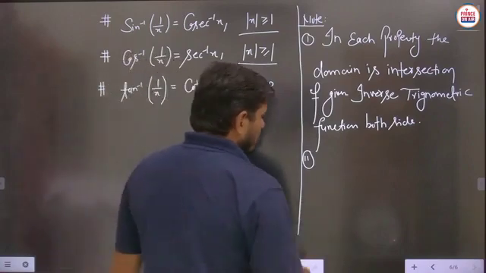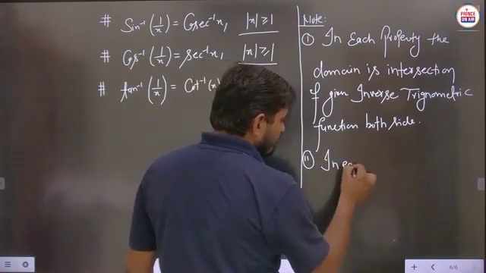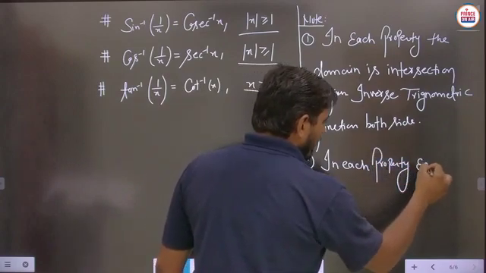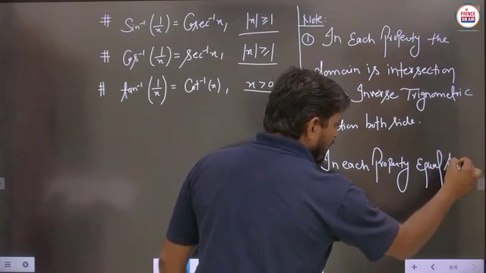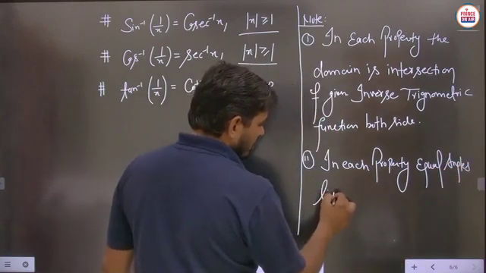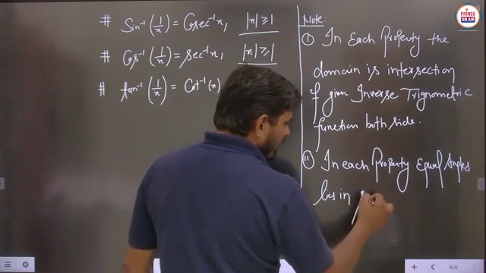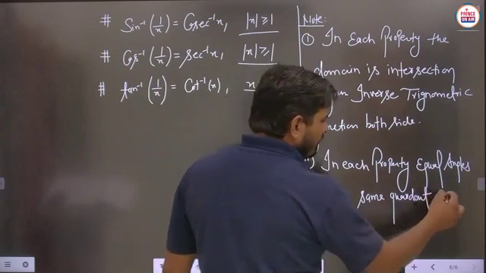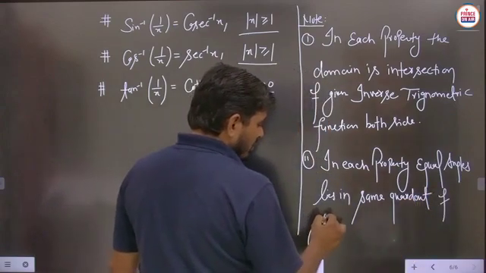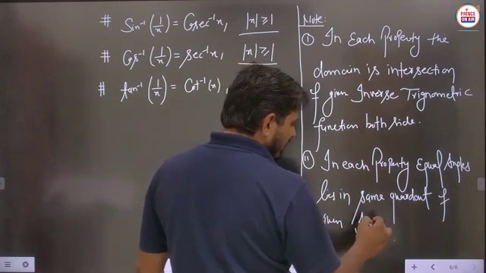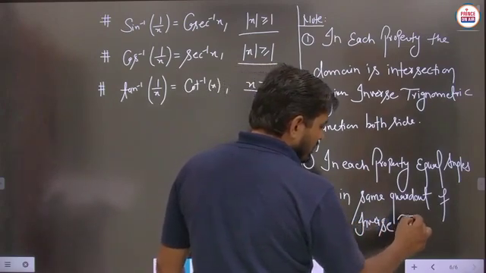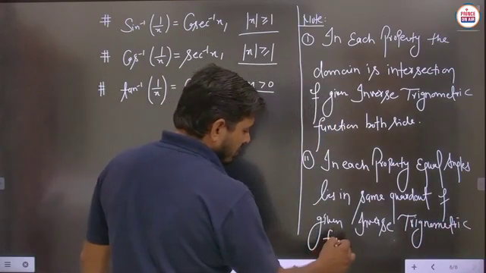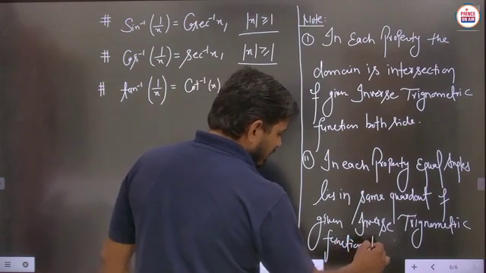So you can say that in each property, equal angles lie in the same quadrant of the given inverse trigonometric functions on both sides. Is it clear?